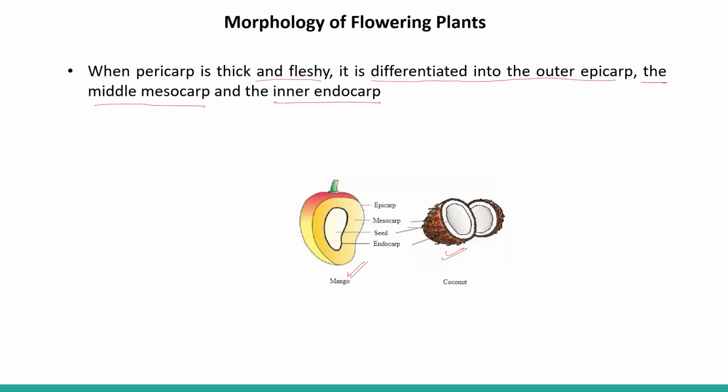In mango, the pericarp is differentiated into the outer epicarp, the middle mesocarp, and the inner endocarp. But in coconut, the endocarp is this hard coconut shell, the mesocarp is the husk-like region on the surface of the coconut, and the innermost white part is the seed.